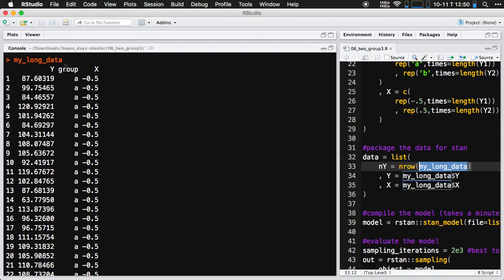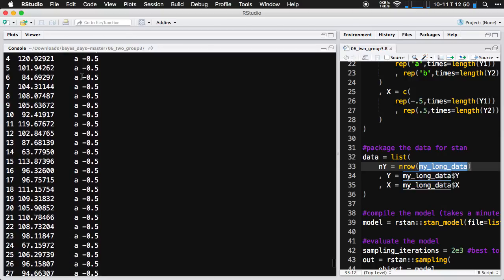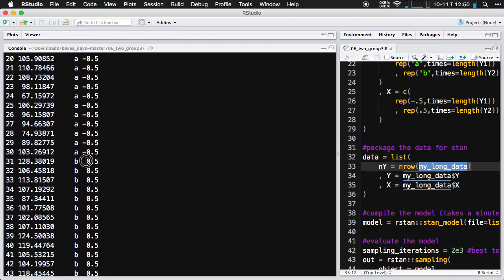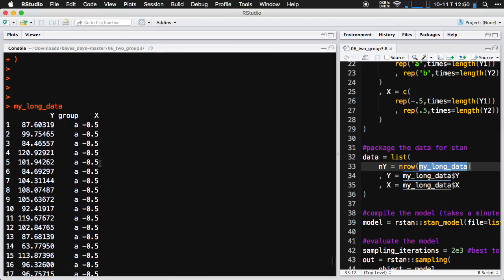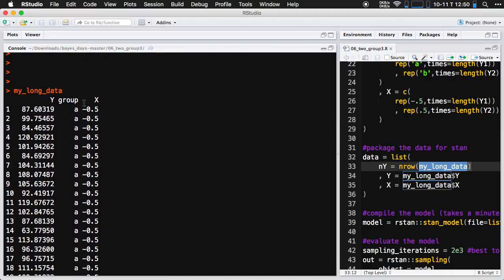And notice I've got these 3 columns in the data frame, Y, group, and X. Every time you see an A as group, X is negative 0.5. And every time you see B as the group, you see positive 0.5. So I've actually hand-coded that in.